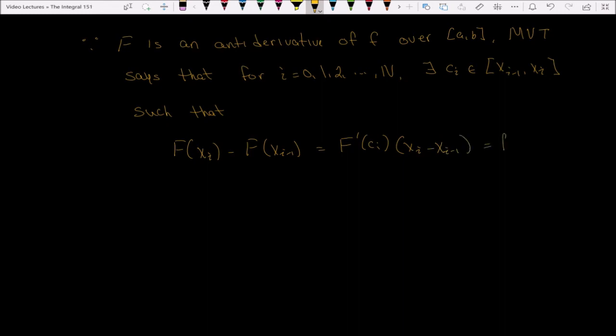But this is equal to little f of c sub i times delta x. Right, so this piece here was the mean value theorem. This piece here is using the fact that big F is an antiderivative.